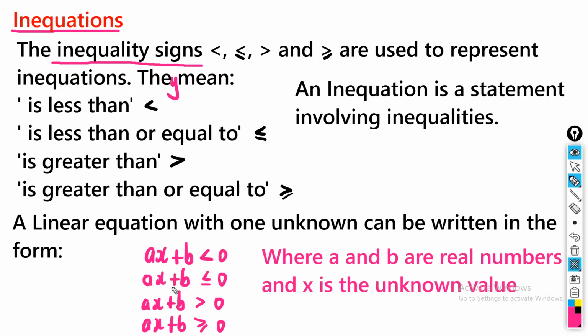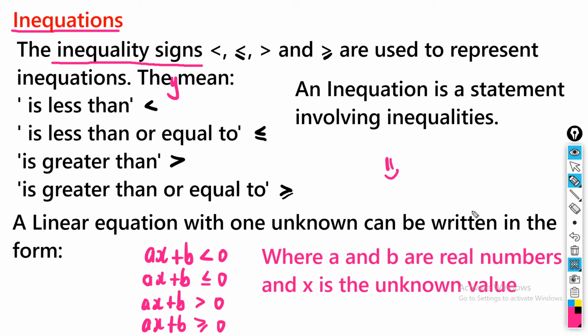Or you have ax plus b is less than or equal to 0, or ax plus b is greater than 0, or ax plus b is greater than or equal to 0. So this is pretty much just the theory around inequalities, and now we're going to be looking at some inequalities themselves.